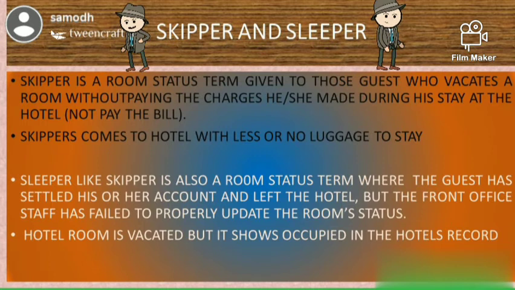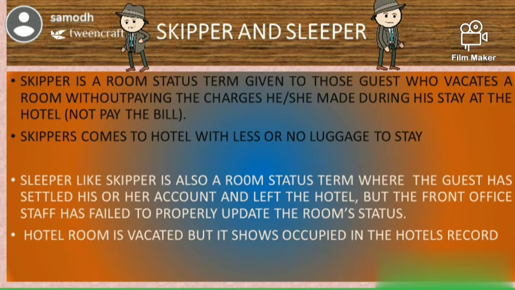Skipper is a room status term, same as out of order. It is given to those guests who vacate the hotel without even informing the front office. These people book a room for 1 or 2 days, use the entire service, and jump from the hotel without informing anyone. A skipper usually checks in to a hotel with very little luggage.